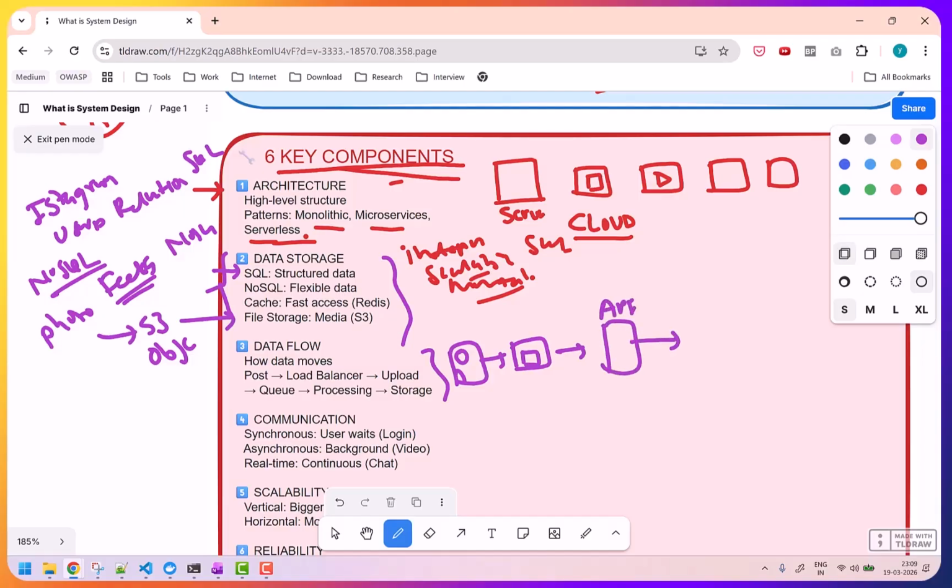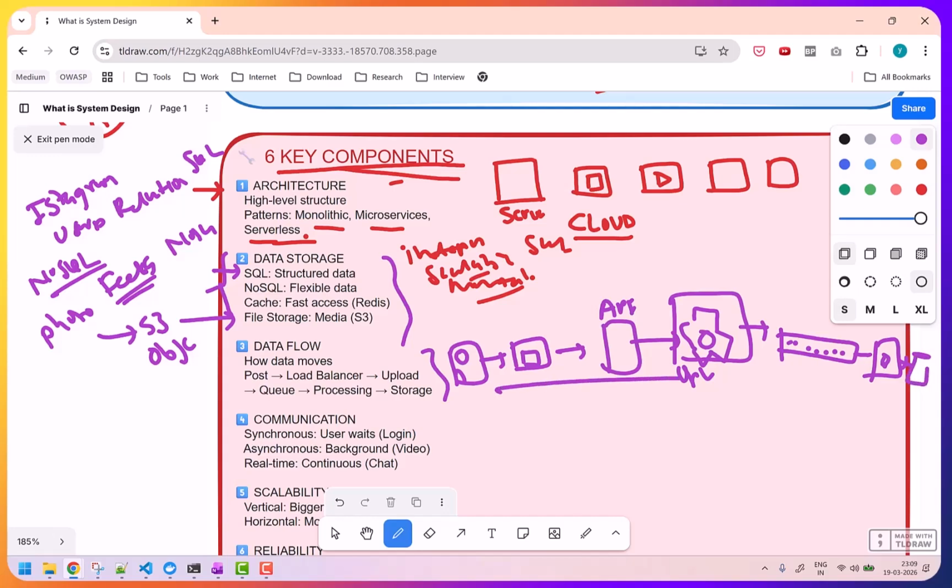Then there is an upload service running here. The upload service takes the photo and puts it into the message queue. This message queue will send it to another service which will process your photo, right? And it will store it, for example, somewhere in the database. So this is a flow. You should be able to craft out the data flow. So data flow is an important component.